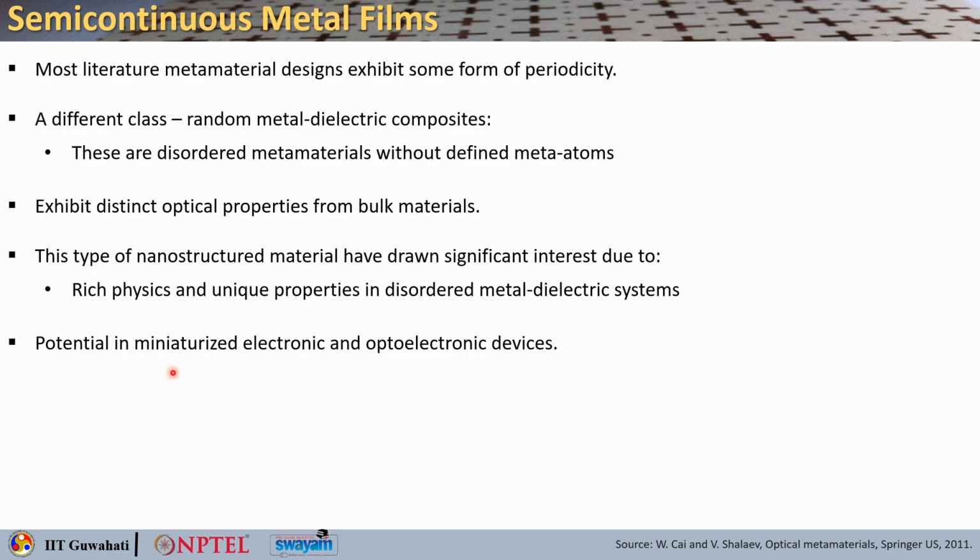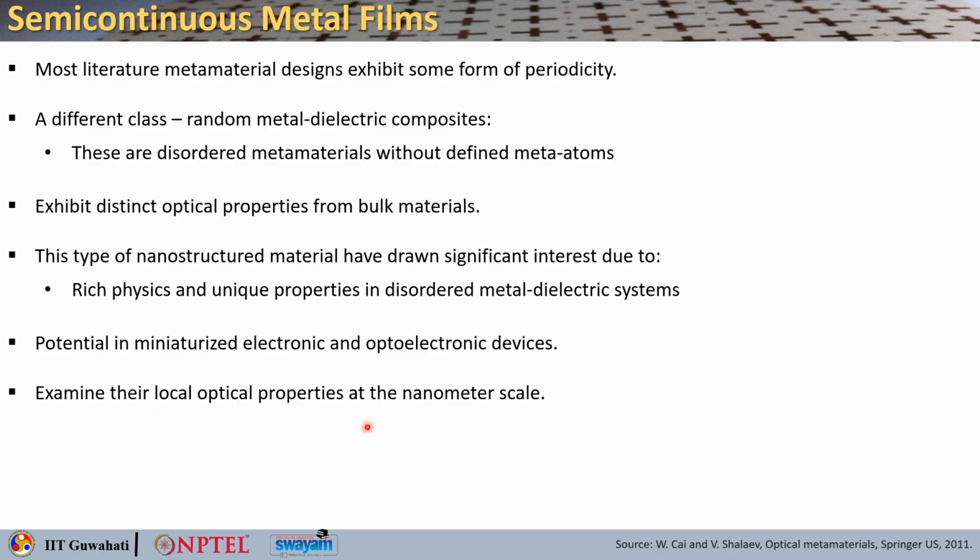They have potential in miniaturized electronic and optoelectronic devices, and such systems are likely to become even more important with the miniaturization of electronics and optoelectronics components, okay, and you can examine their local optical properties at the nanoscale, right.